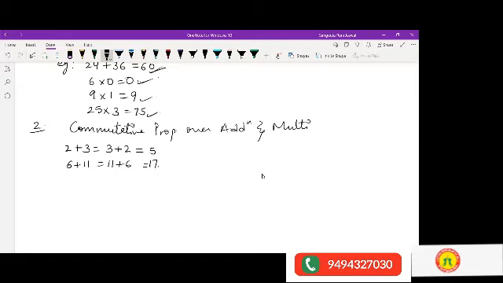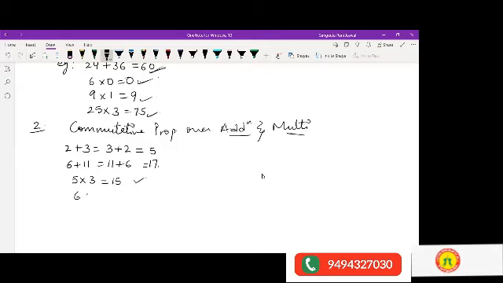Suppose I have 5 multiplied with 3. Let's see for multiplication also. So 5 is a whole number, 3 is a whole number. If I multiply these two, I get 15. So 15 is also a whole number. Right?